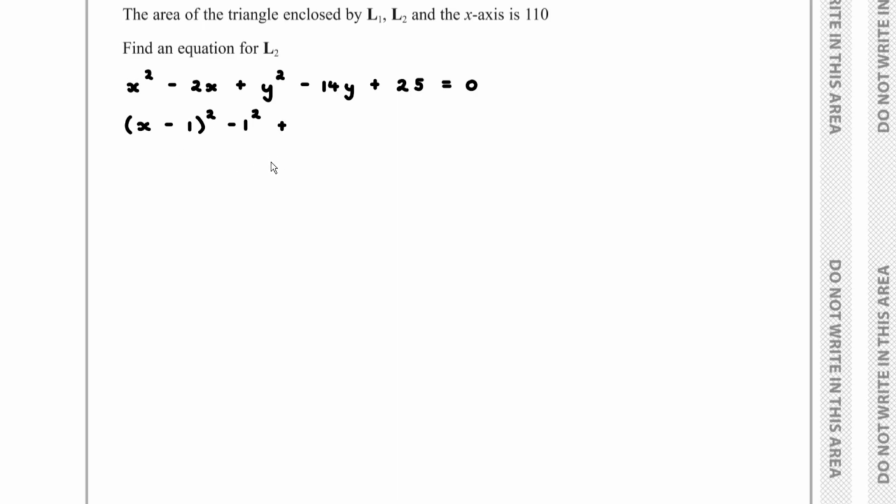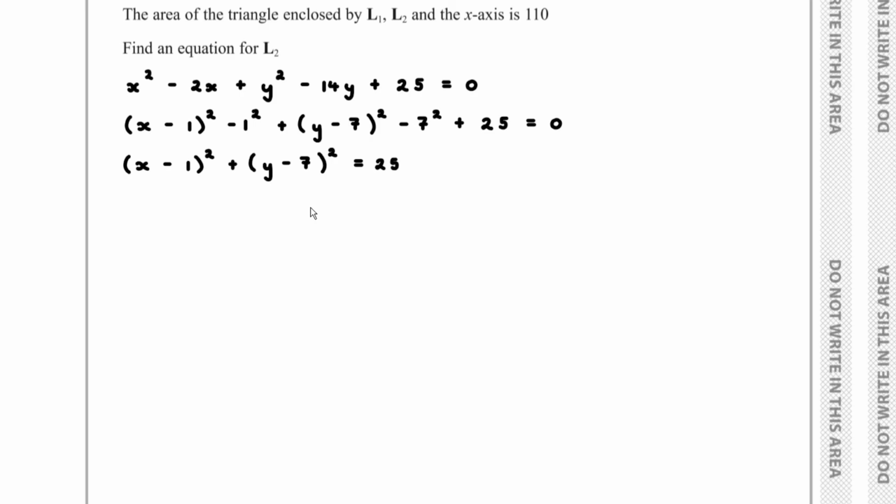And if I complete the square for the y's, we have (y subtract 7) squared, and then I subtract the square of 7, and then I add on the 25, and this is equal to 0. Simplifying, we have (x subtract 1) squared plus (y subtract 7) squared equals 25. In other words, (x subtract 1) squared plus (y subtract 7) squared equals 5 squared, meaning the centre has coordinates 1, 7, and the radius is 5.